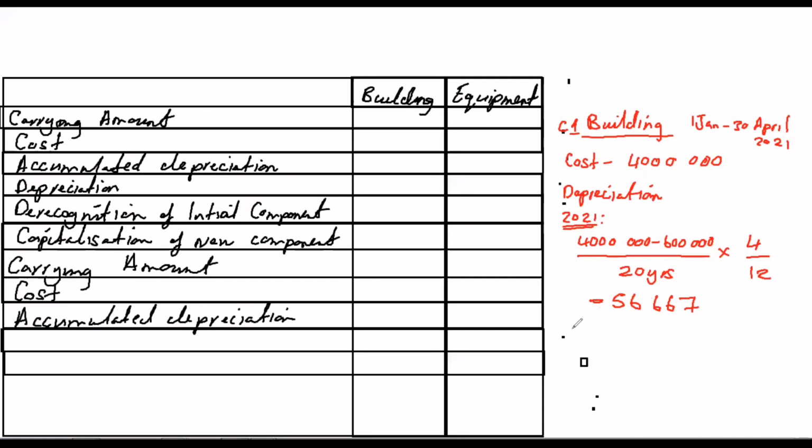Then for 2022, it was there for the full 12 months. So for the sake of this, I'll just write it in full, for those that don't yet understand depreciation. Remember, depreciation is about the wear and tear of the asset.